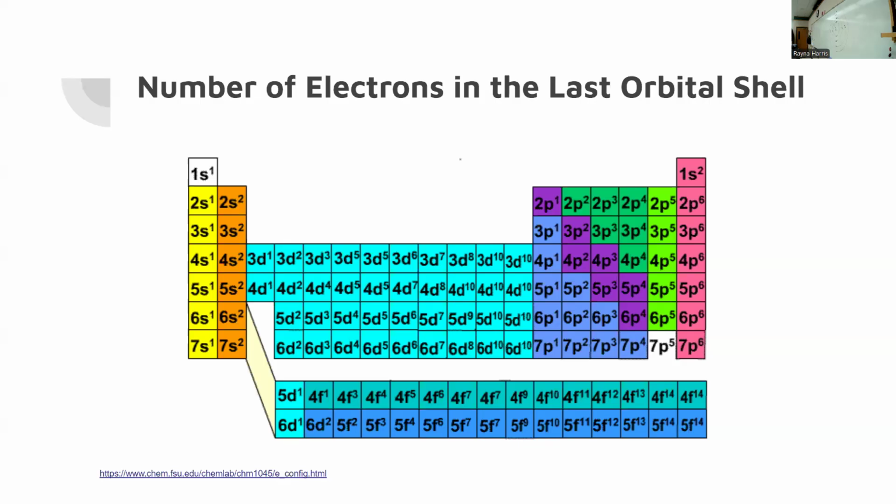What's weird when we get into these transition elements is that instead of putting their electrons in the outer shell where you would think they would go, because that's what you did for the other ones, they go in the 3rd shell. It's called 3d because it's in the 3rd shell in the d orbital. So this one is going to have an extra electron in its 3rd shell, and it still has 2 on the outside.